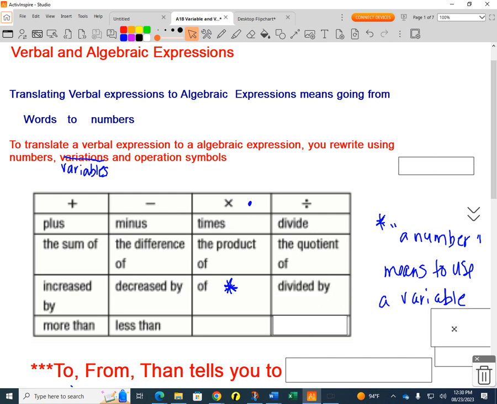Divided by, among. If you split things among 10 people, that means you divide them among 10 people. So if I have 50 chicken wings and I split them among 5 people, 50 divided by 5, everybody gets 10 chicken wings, right?